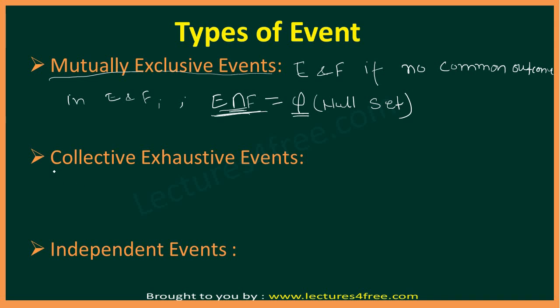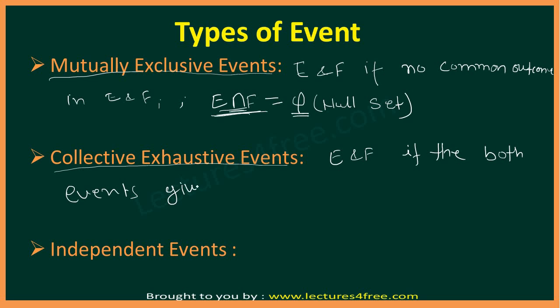Now next is collectively exhaustive events. Two events E and F are said to be collectively exhaustive if these both events give the complete sample space.